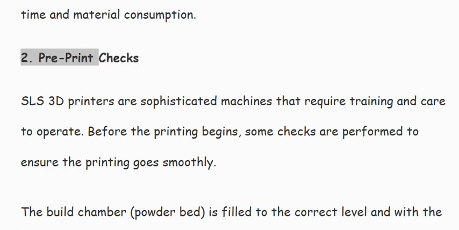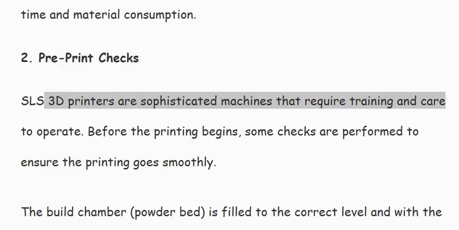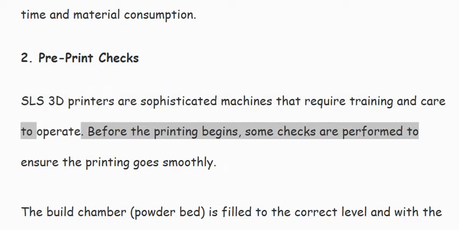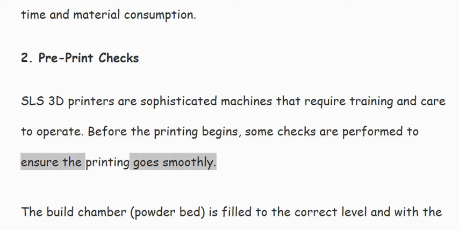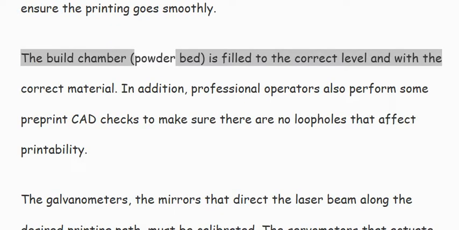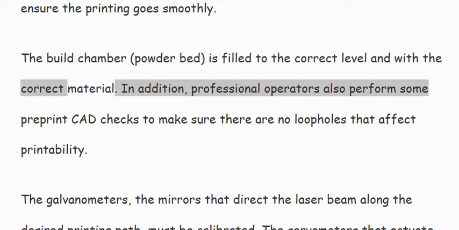2. Preprint checks. SLS 3D printers are sophisticated machines that require training and care to operate. Before the printing begins, some checks are performed to ensure the printing goes smoothly. The build chamber, or powder bed, is filled to the correct level and with the correct material.